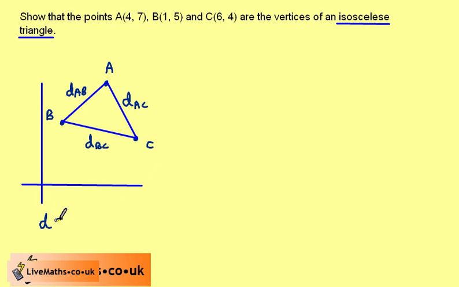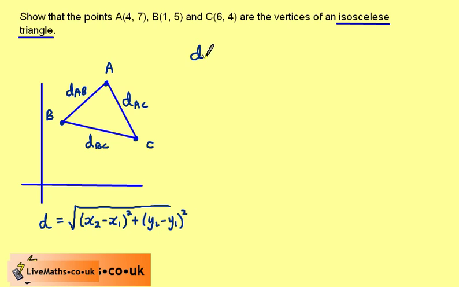The distance formula is D is equal to the square root of (x2 minus x1) squared plus (y2 minus y1) squared. In practice, it might be better to think of this as the difference between the two x-coordinates squared plus the difference between the two y-coordinates squared.